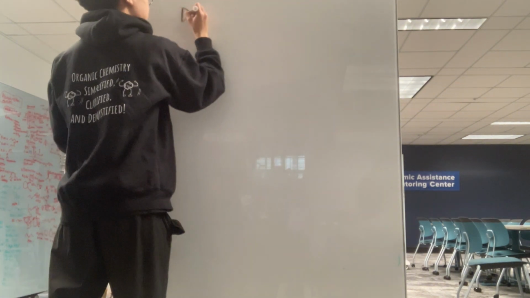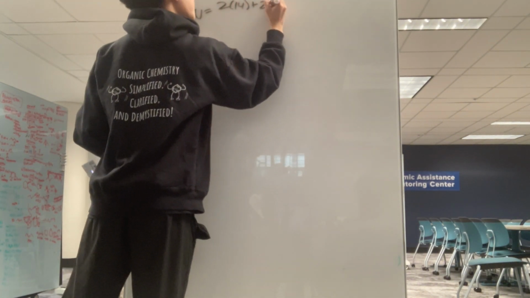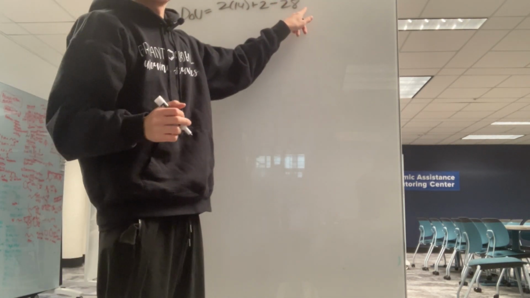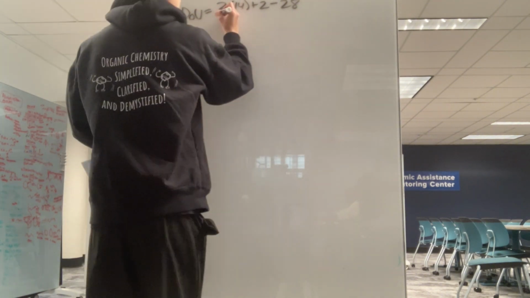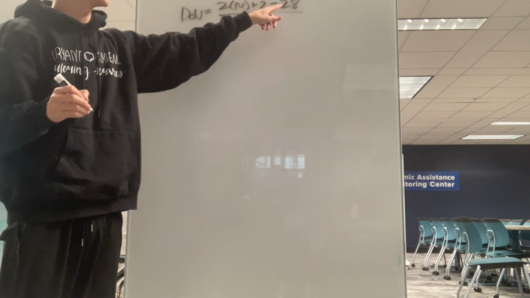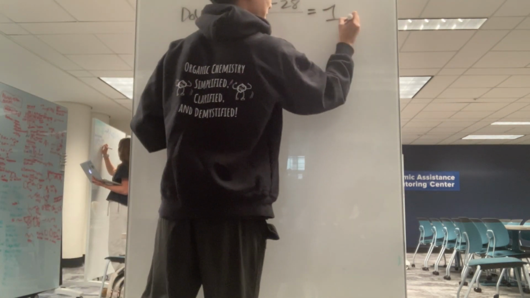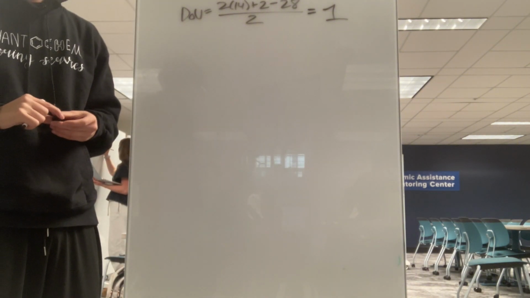When we calculate the DOU, that's going to be 2 times 14 plus 2 minus 28, minus 0 because there are no halogens, plus 0 because there are no nitrogens, all over 2. So 2 times 14 is 28, 28 minus 28 is 0, so it's 2 over 2, which is 1 DOU. So we could either have 1 double bond or 1 ring, right?